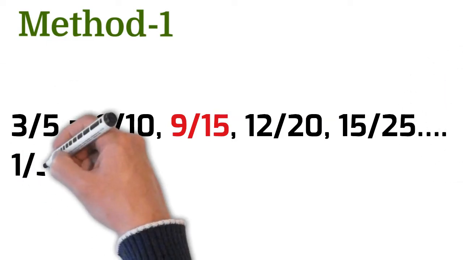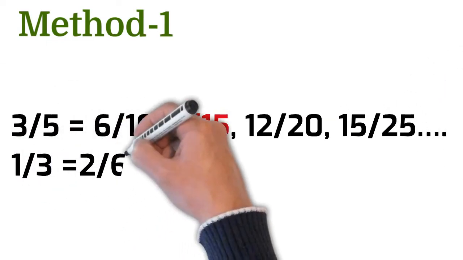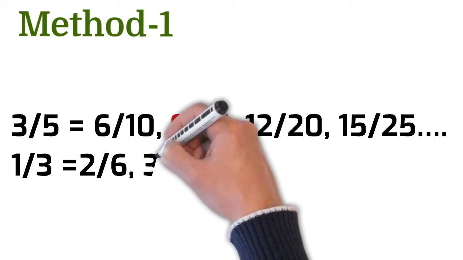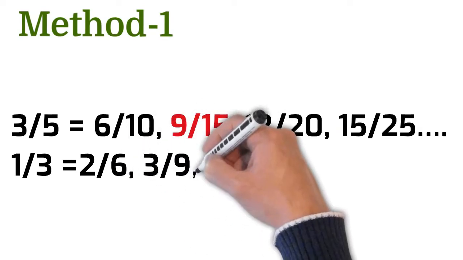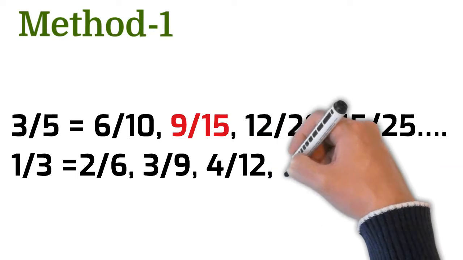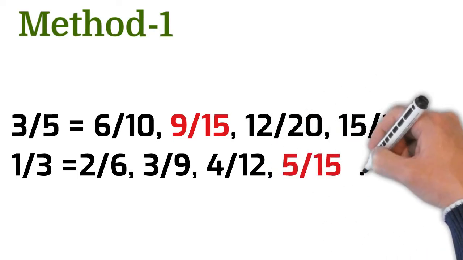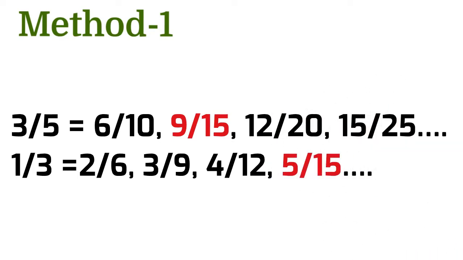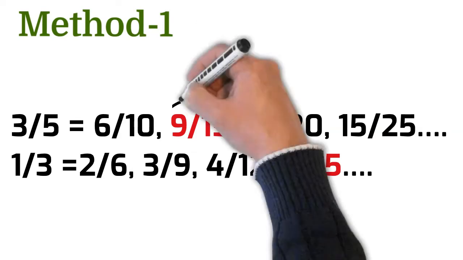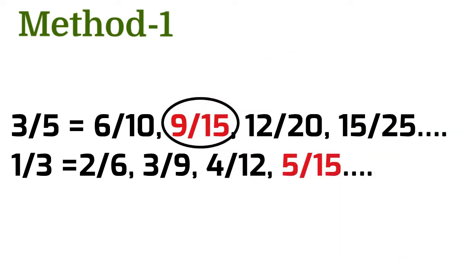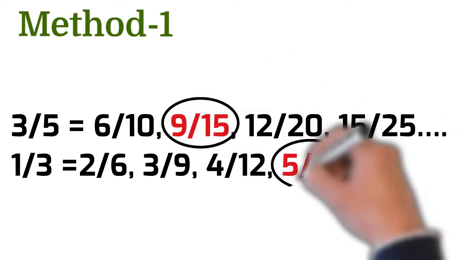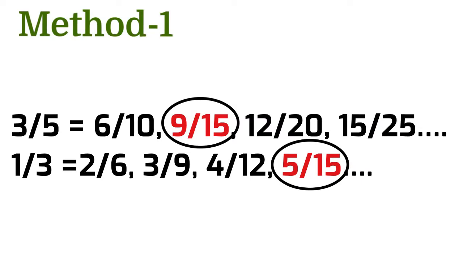And the equivalent fractions of 1 by 3 are 2 by 6, 3 by 9, 4 by 12, 5 by 15 and so on. Now among the equivalent fractions of 3 by 5 and 1 by 3, we will take 9 by 15 and 5 by 15 respectively, as they have the common denominator 15 and they are like fractions.